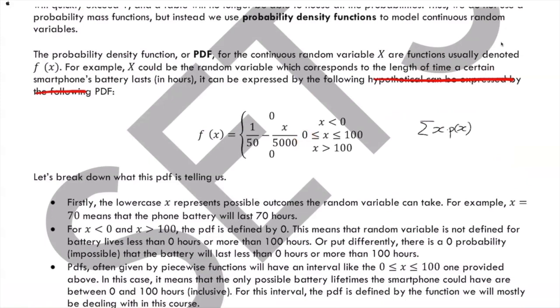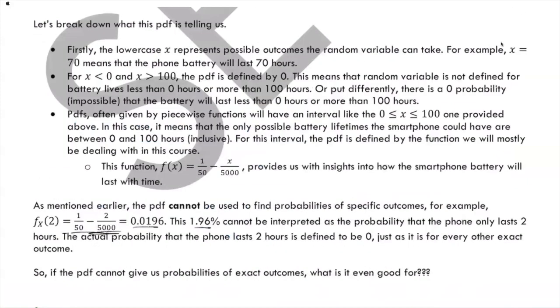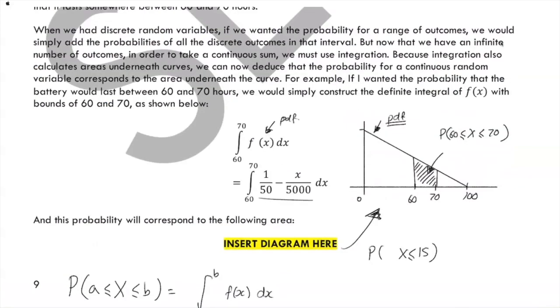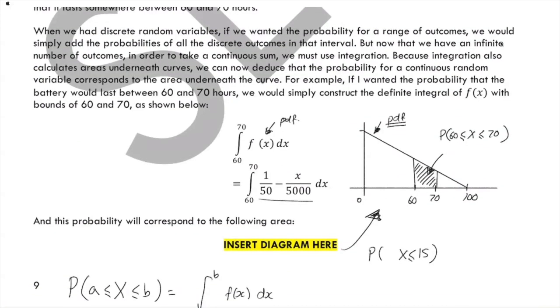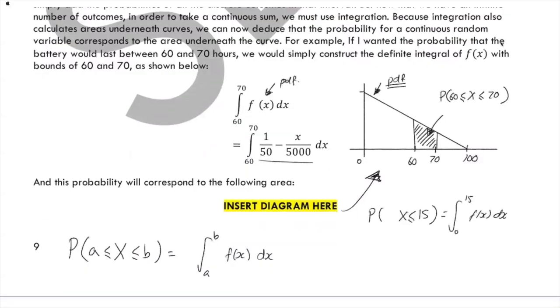Exactly. So this would equal the integral from 0 to 15 of the function. What if I had put the probability x is greater than or equal to 80?